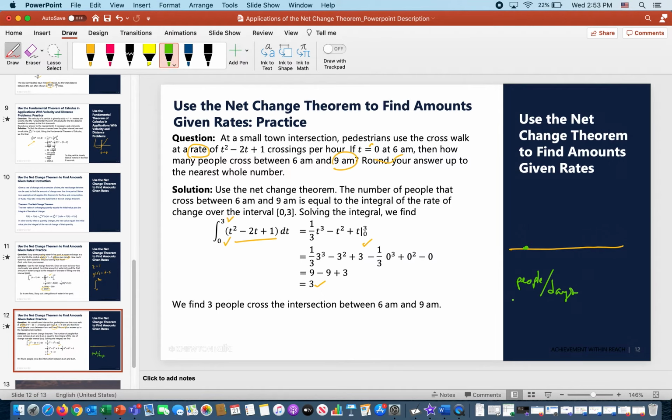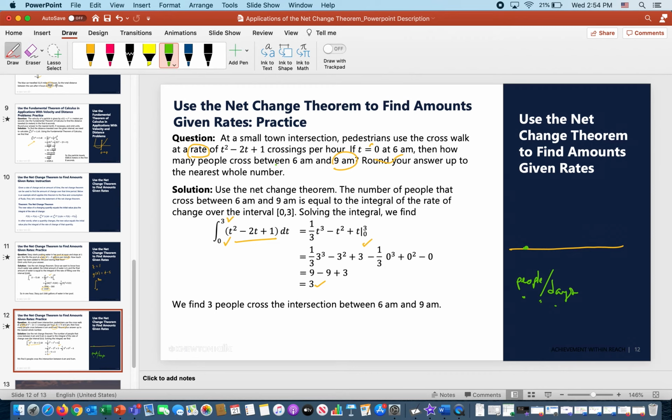And that's just one of those studies where they want to see which highway should we resurface first. So these rates, this is an example of a rate when I have something per something, in this case, people per day. Here's another rate when I have people crossing per hour.